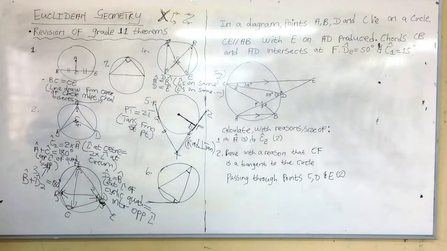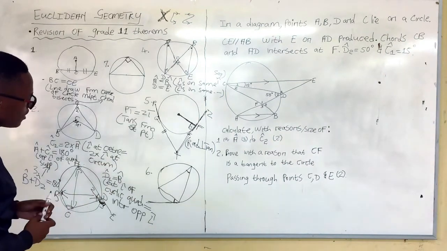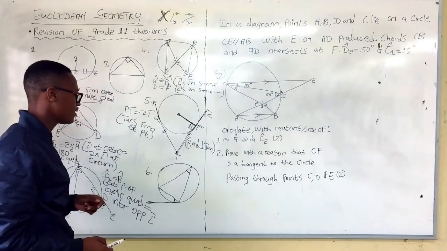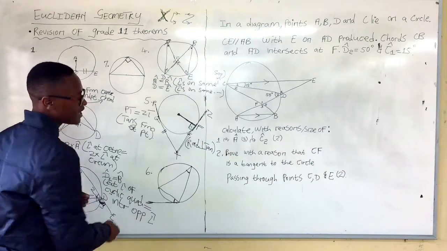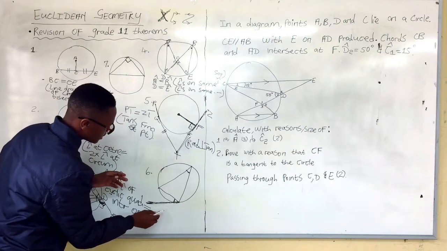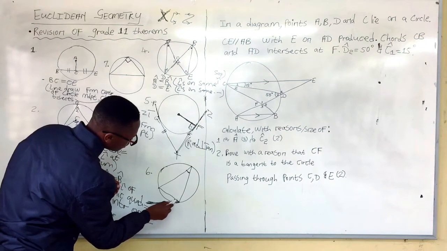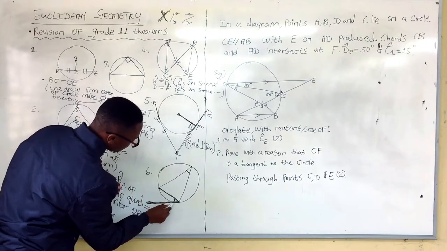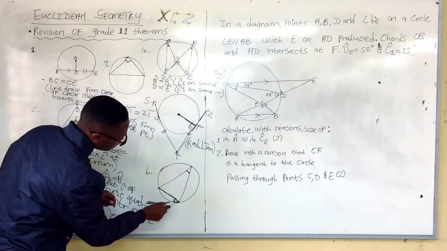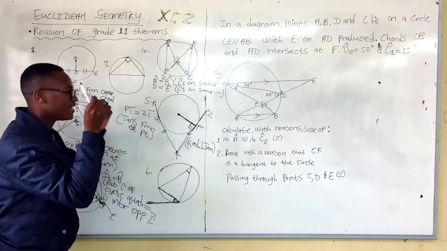Okay, so then we move to the next theorem, theorem number 6. We call it the tan-chord theorem. It says that the angle between a tangent, an external line, like I've said, and a chord, we have a chord, we have a tangent, this angle located in between is equal to the angle at the alternate segment.